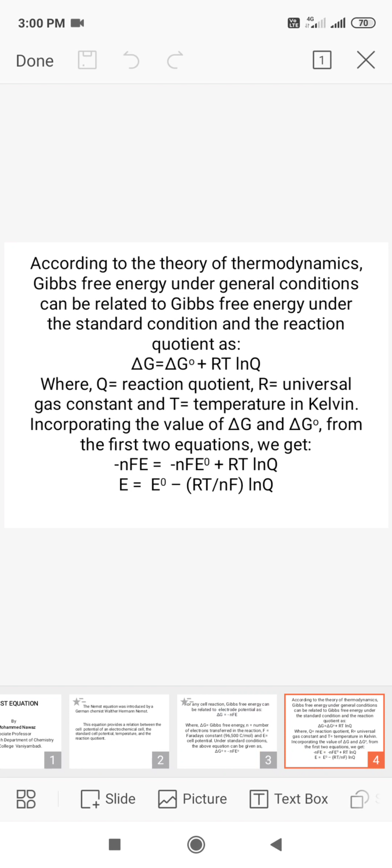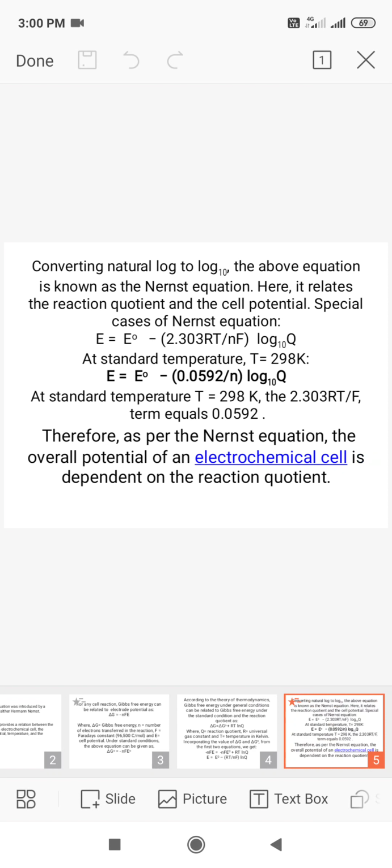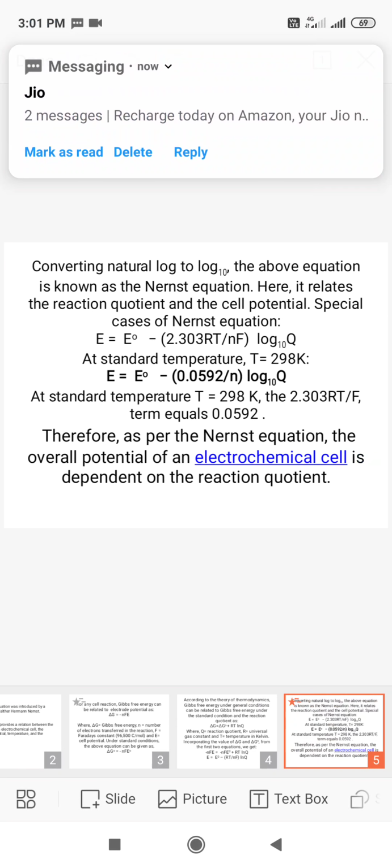Therefore, in the first two equations, on substituting the values of delta G and delta G naught, we get minus nFE equal to minus nFE naught plus RT ln Q. By dividing the equation throughout by nF, we get E equal to E naught minus RT by nF ln Q. Now in this equation we are converting natural log to log to the base 10.